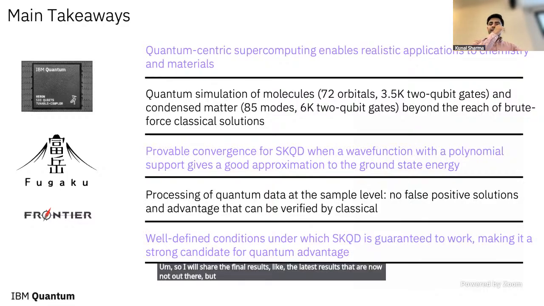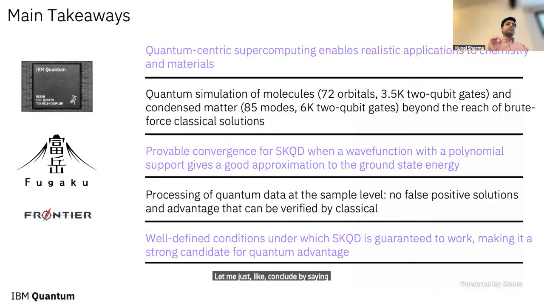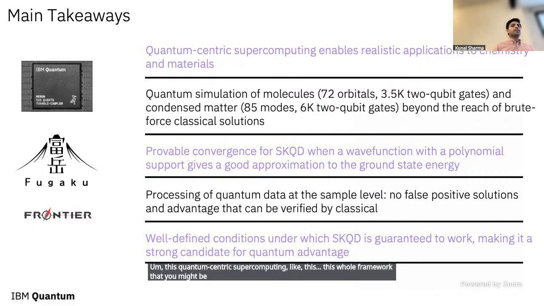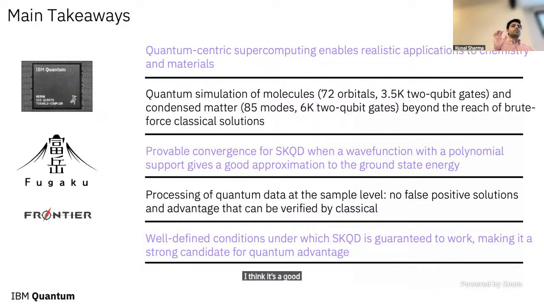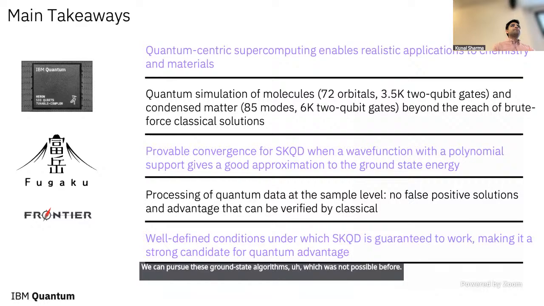But let me just conclude by saying this quantum-centric supercomputing framework that you might be hearing about at different workshops is a good test bed for current quantum processors, where we can pursue these ground state algorithms, which was not possible before. Prior to what we were doing, we were exploring maybe 20 qubit problems.